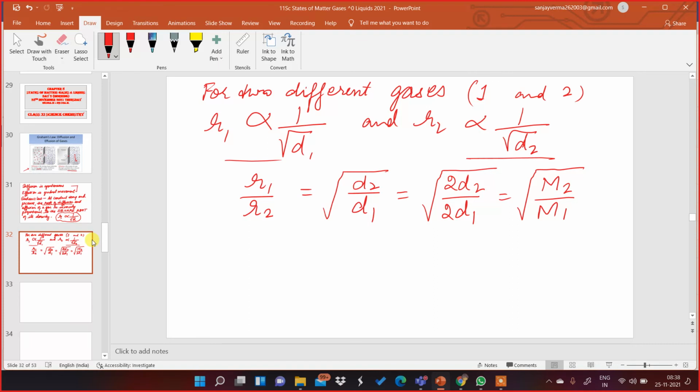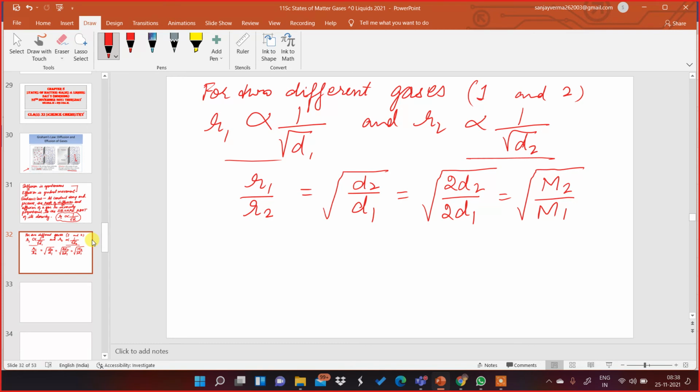That is how we get r1 by r2 is equal to root under m2 by m1. So we can compare the rate of diffusion and effusion of two gases with respect to their molecular masses.